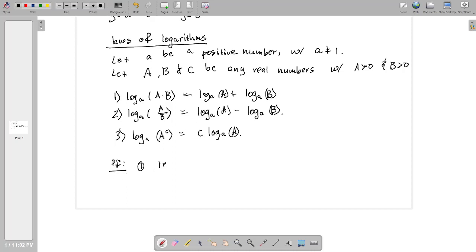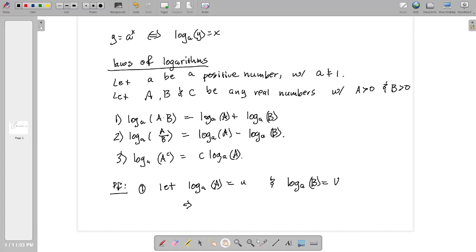So 1, let log base a of A equal some value u, and the same thing, log base a of B equal a value v instead. Now remember what this implies. From above here, we have that log base a of y is equal to x if and only if y is equal to a to the x.